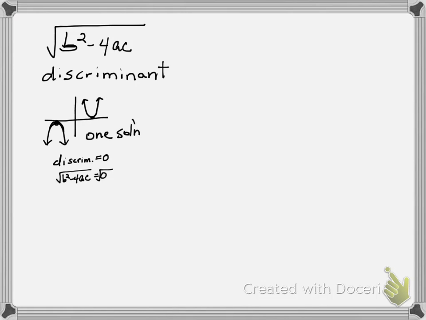If you have two solutions, so if you have the kind of graph where you cross the x-axis in two places, then your discriminant is going to be positive, but it's going to just be a number.